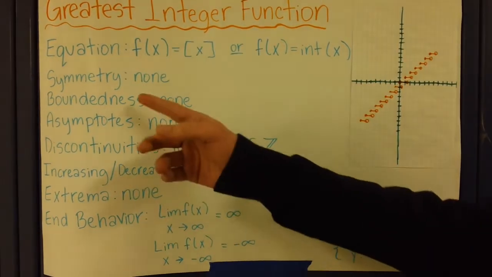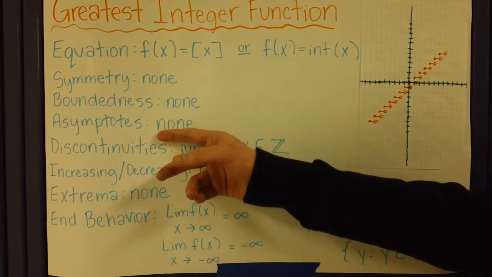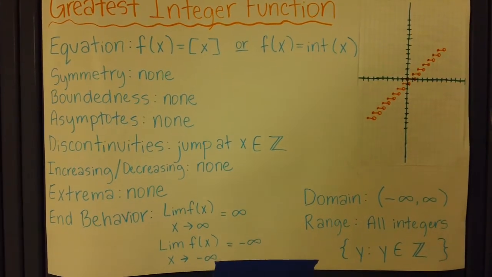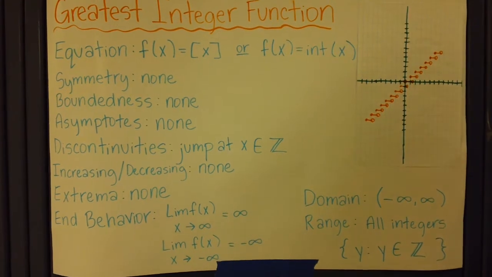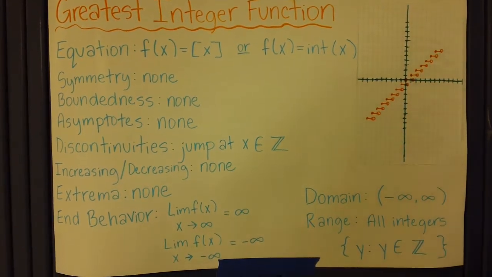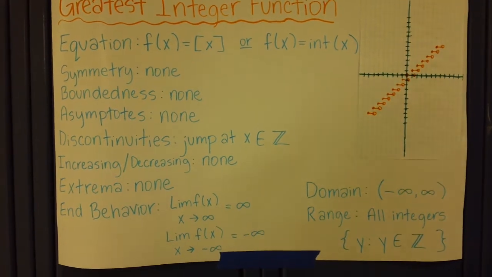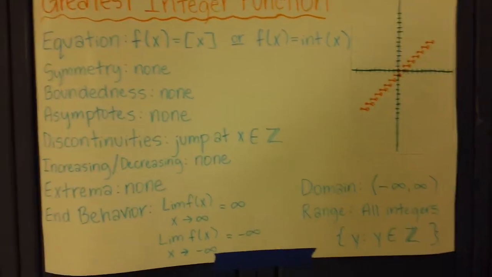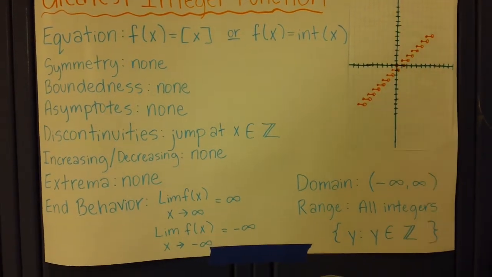So there's no boundedness and no asymptotes because it just keeps on going. And there's no symmetry because it keeps on jumping. And discontinuity, it jumps at x, element of all integers.